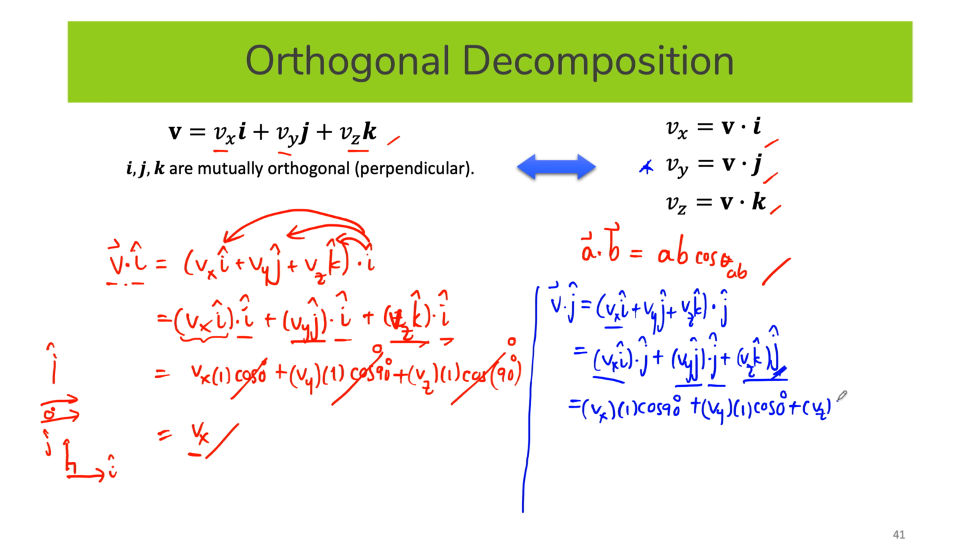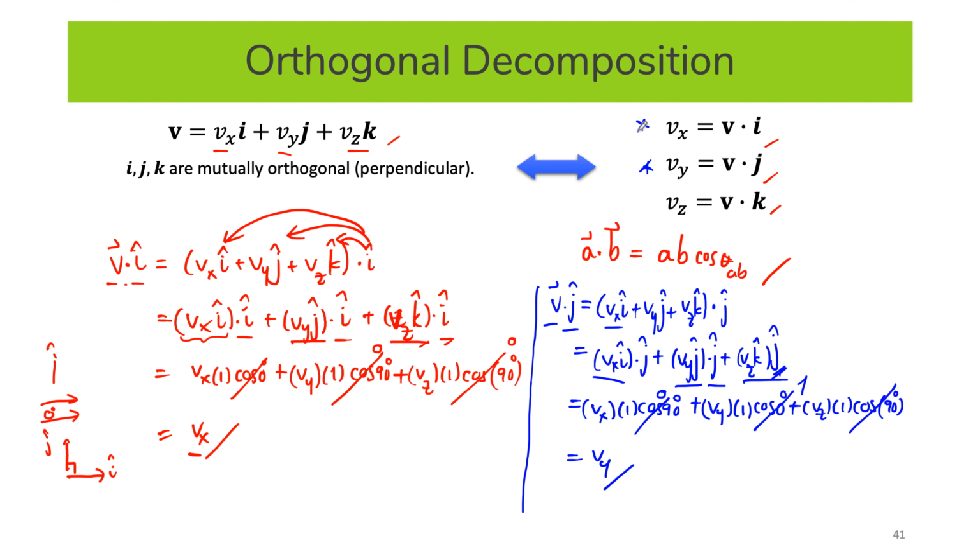This magnitude is 1. And the angle between k and j is 90 degrees because they are orthogonal. Cosine 90 is 0, cosine 90 is 0, cosine 0 is 1. So you are only left with vy. There you go again.